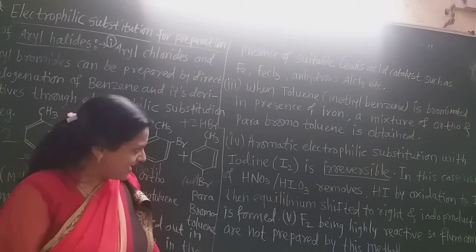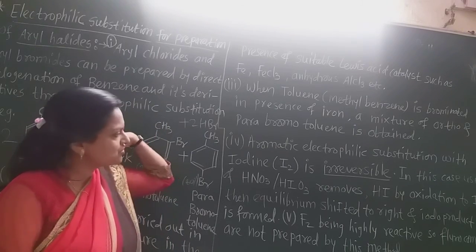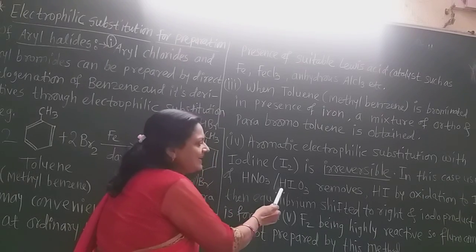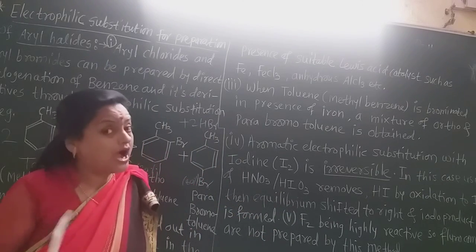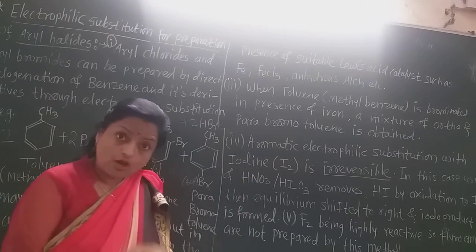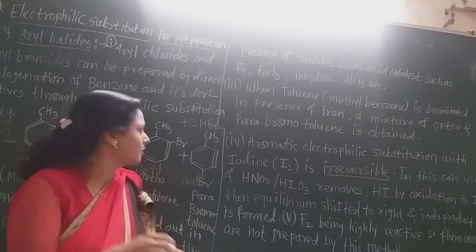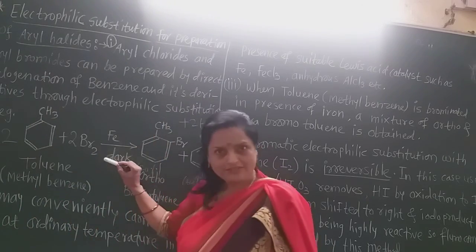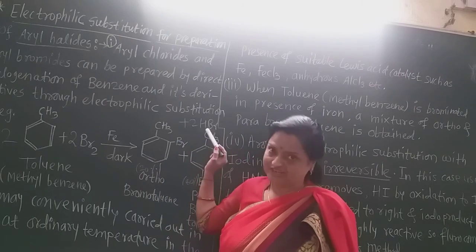Here they tell us that in this case we must use nitric acid and hydroiodic acid. Why? Because this nitric acid and hydroiodic acid block the HI which is formed, as here HBr is formed, and if we use I2 here, there will definitely be formation of HI.